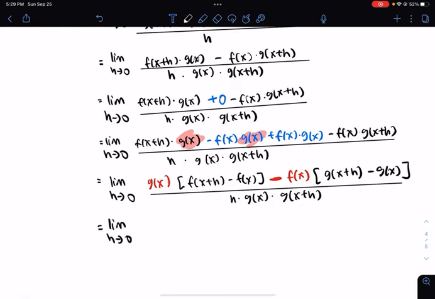Alright, now you can see the pattern here. There's an f of x plus h minus f of x, right? So I'm just going to put the denominator h back to the numerator like this. Same goes with the g of x plus h minus g of x.